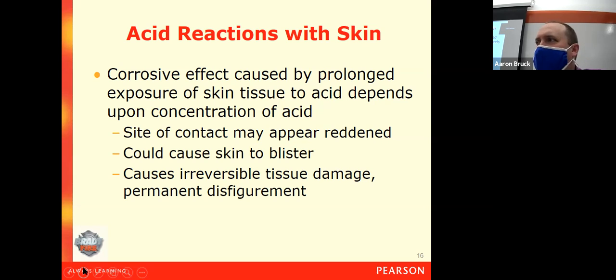Start rinsing your hands or whatever part of your body is affected with lots of cold water pretty much as soon as you can. This is going to dilute the acid, which helps, and is going to decrease your exposure.